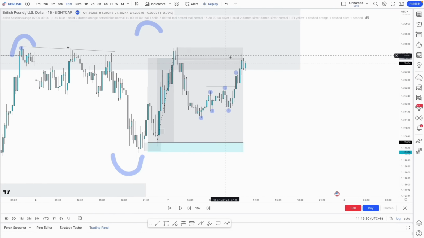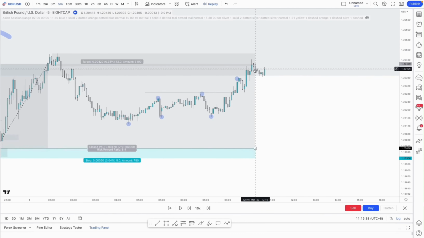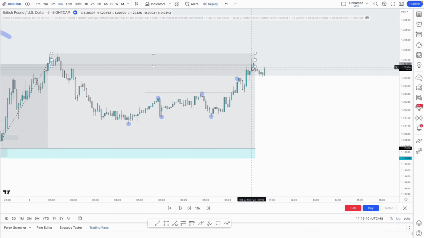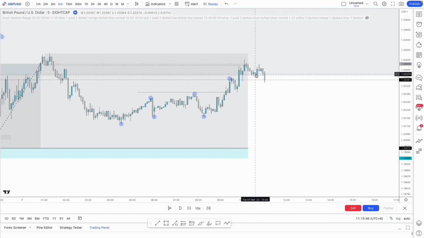I closed the position manually here. When I started seeing the push up, the rejection, and maybe it pushes up again because I closed the position, I must have closed it somewhere around here when it came back up.